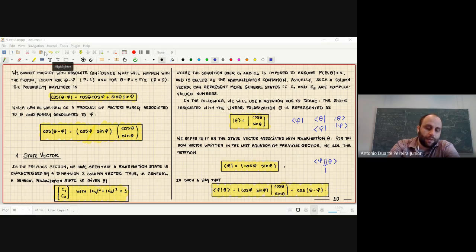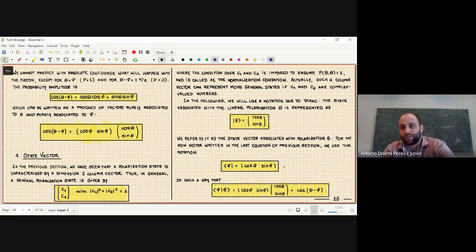And in order to understand Dirac's notation, let me just tell you that these vectors have names. The column vector that is represented here with this funny bracket is called a ket. Not cat, not cat, but ket.